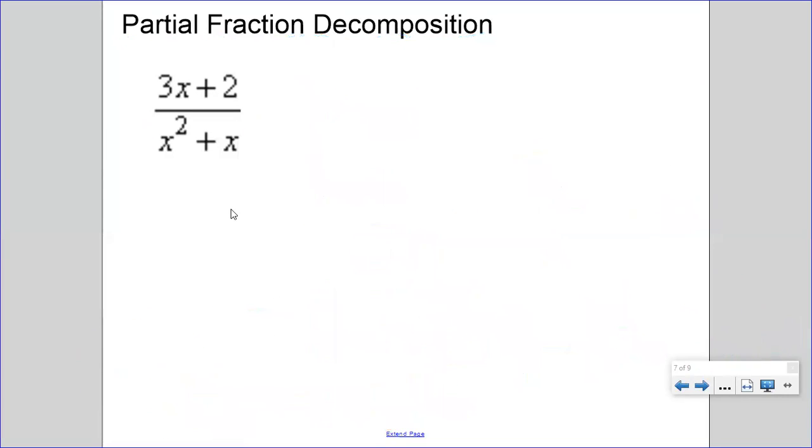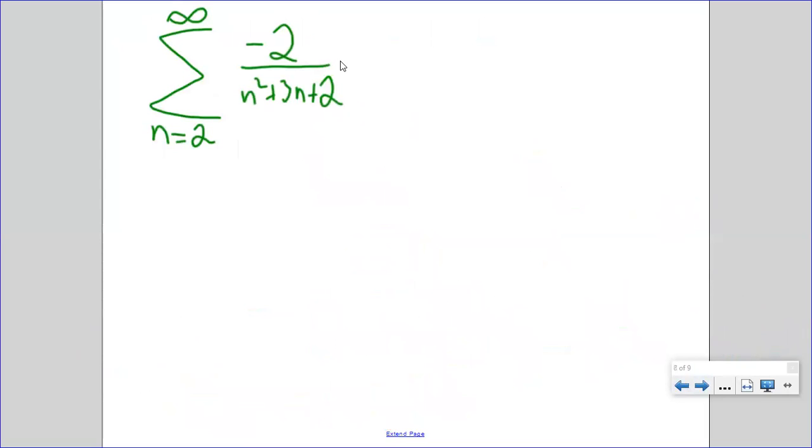How is this useful? Oh, I don't know. Maybe in a problem such as this. Right? Who knows? Let's think about it. So how could we break down this fraction? I'm telling you that we can find the sum of this and it won't be bad.